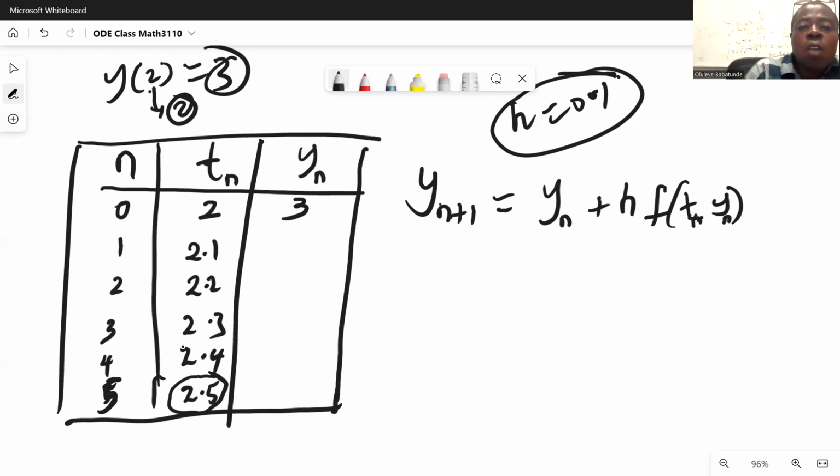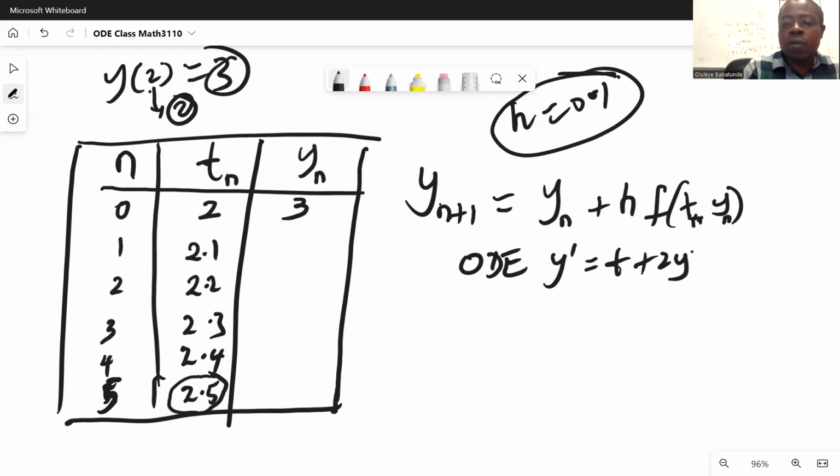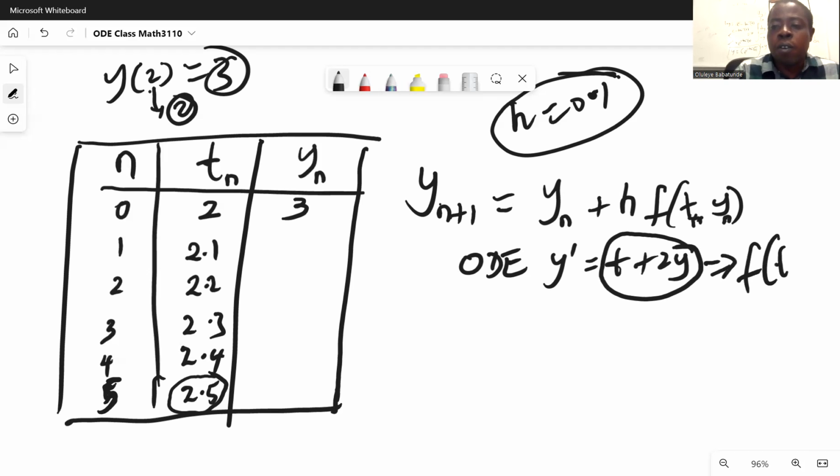Now if you look at the differential equation, the ODE says y prime equals t plus 2y. So this function here is just your f of t, y, because it's a function containing t and y.